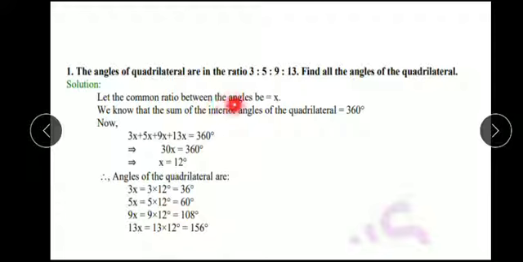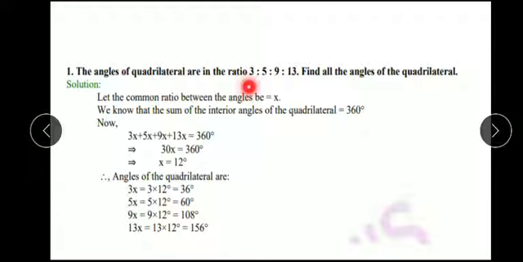Then the first angle will be 3x, the second angle 5x, the third angle 9x, and the fourth angle 13x. We know that the sum of the interior angles of a quadrilateral is 360.